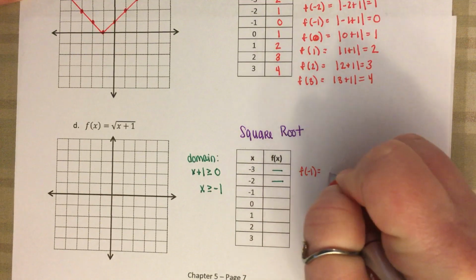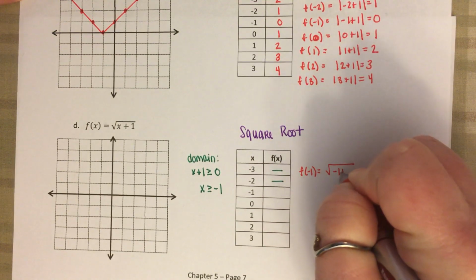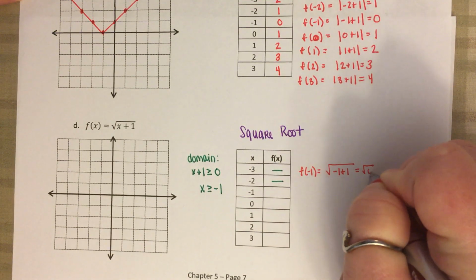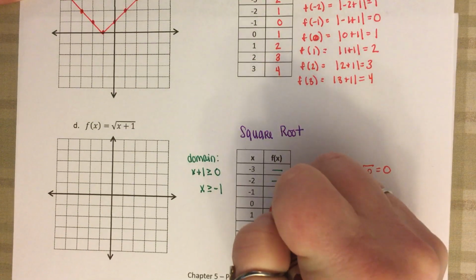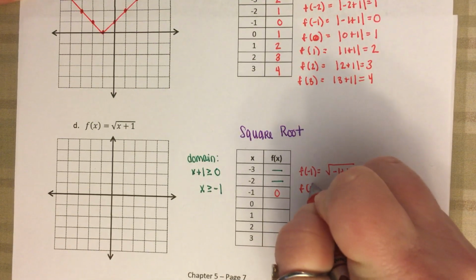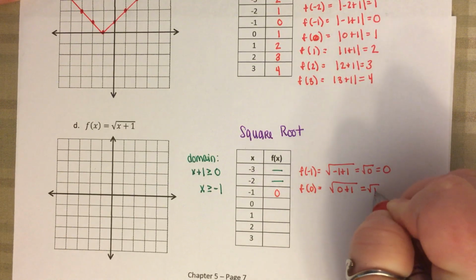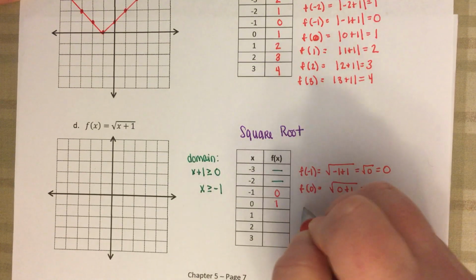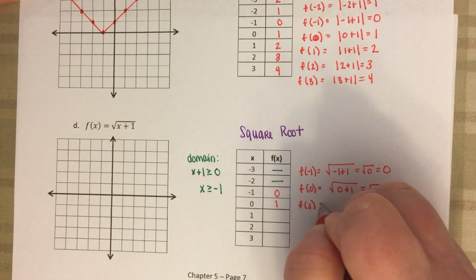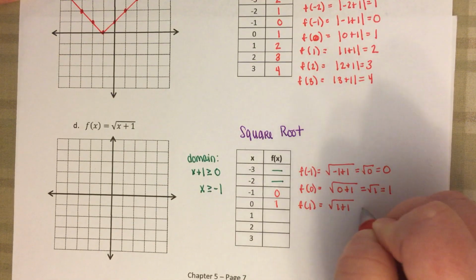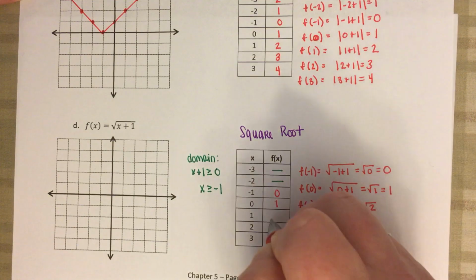So f of -1, square root of -1 plus 1, square root of 0 is 0. F of 0, square root of 0 plus 1, square root of 1 is 1. F of 1, square root of 1 plus 1 is square root of 2.